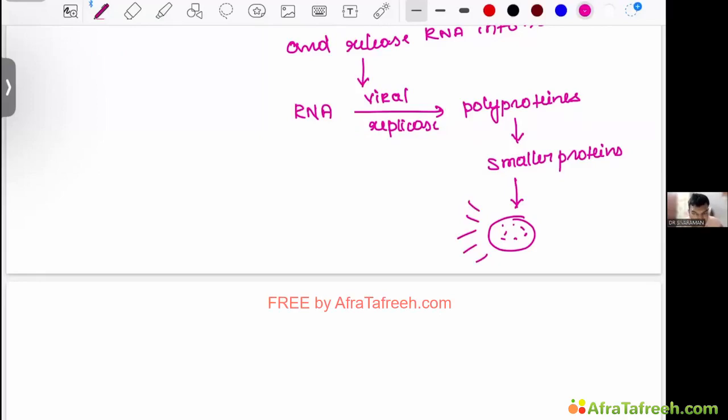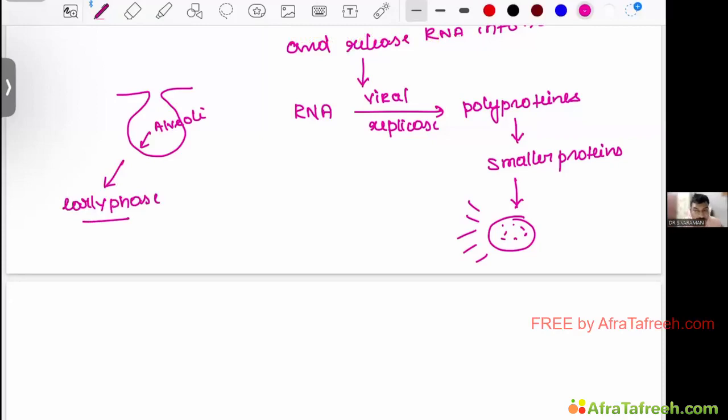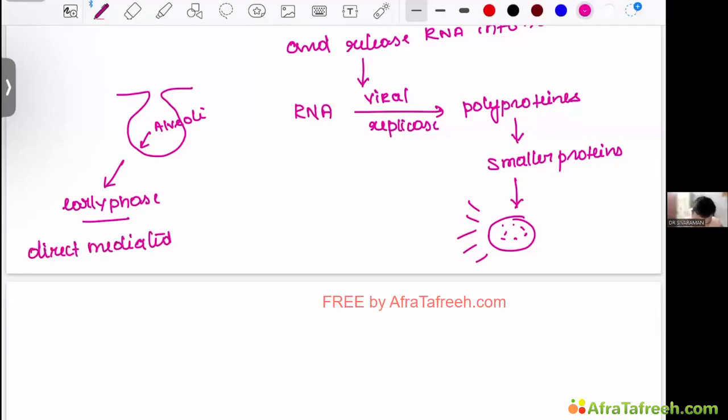So whenever the virus replicates, this is going to happen in the alveoli. In the early phase, it is going to cause direct virus mediated injury.